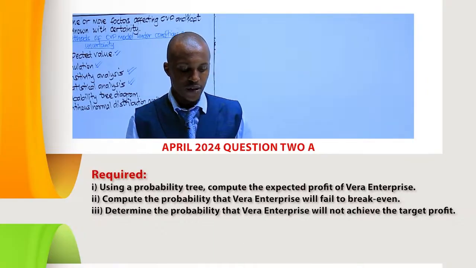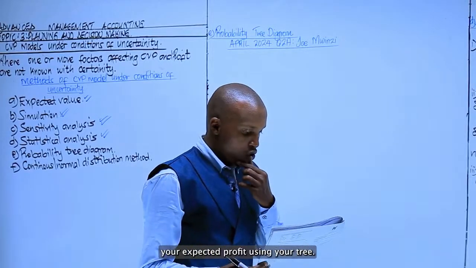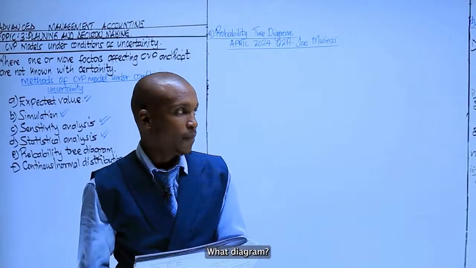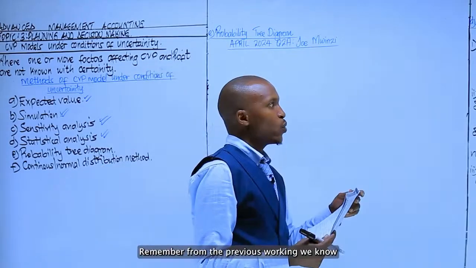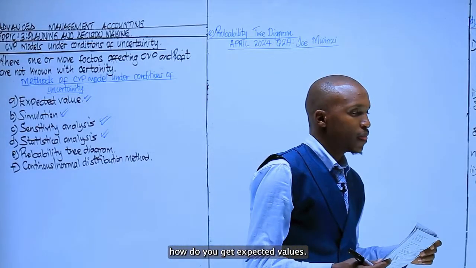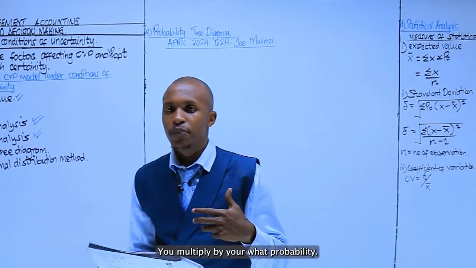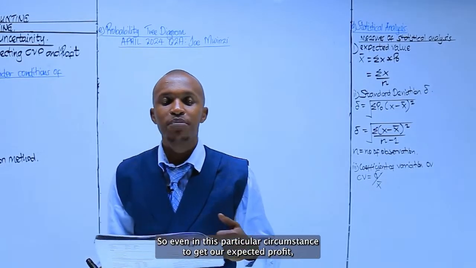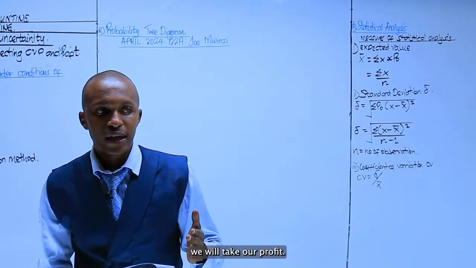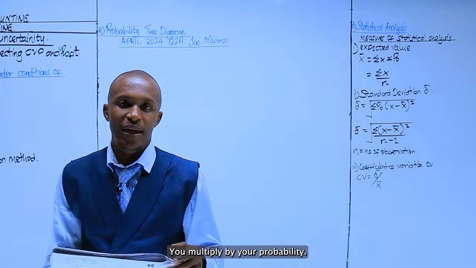So they're telling us to determine the expected profit using the tree diagram. Remember, from the previous working, to get expected values you simply take your variable and multiply by your probability. So even in this circumstance, to get our expected profit, we will take our profit and multiply by the probability.